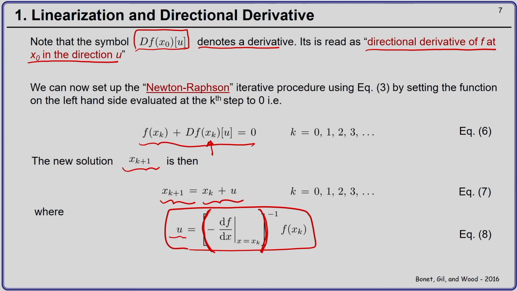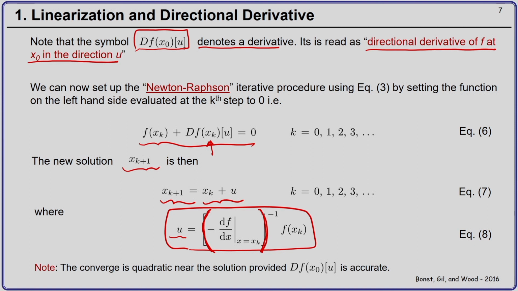So, at k equal to 0, x1 will be x0 plus u. Then you recompute for x2, x3 and so on, and you stop when f(xk) becomes less than a tolerance value.